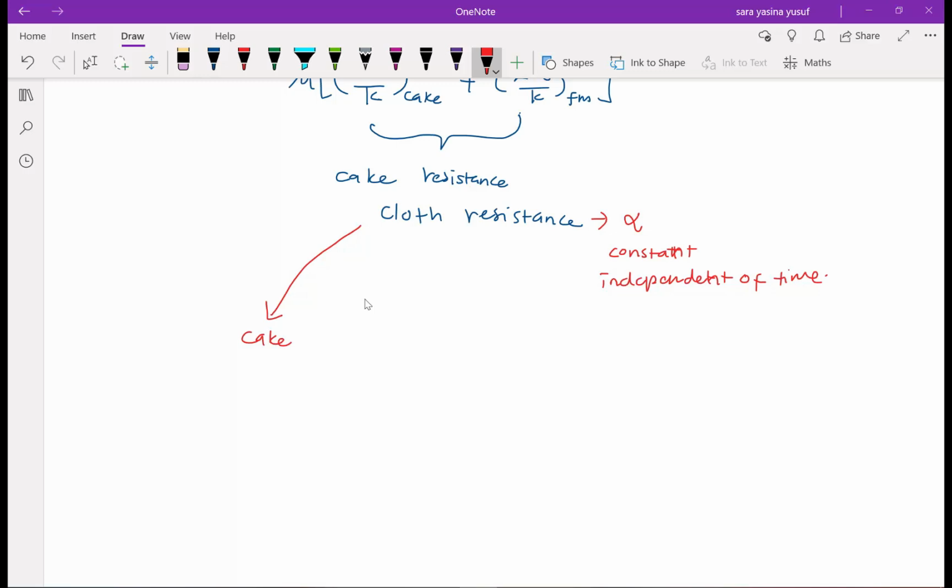Now in case 1, let's see if the formation of cake is consistent and uniform.